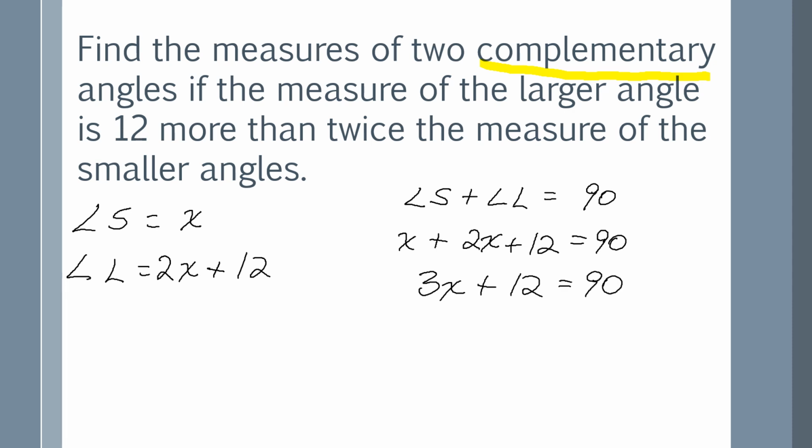I'm going to subtract 12 from each side of the equation. So I end up with 3x equals 90 minus 12, which is 78. Divide everything by 3 to get x, and x is equal to 26.